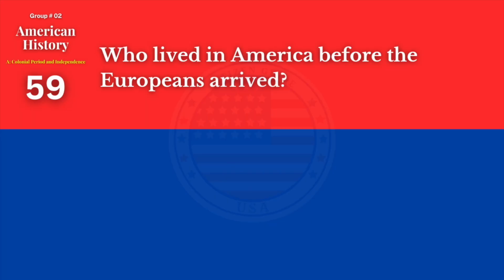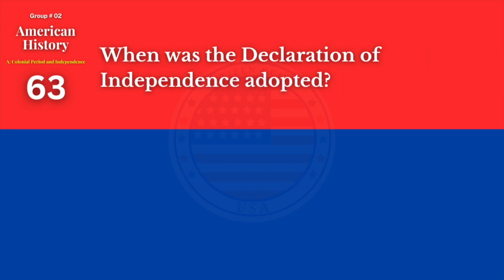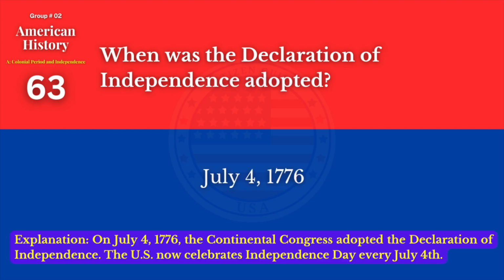Who lived in America before the Europeans arrived? American Indians. When was the Declaration of Independence adopted? July 4, 1776.